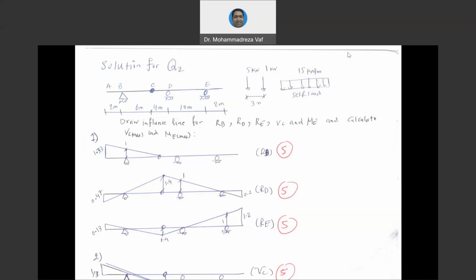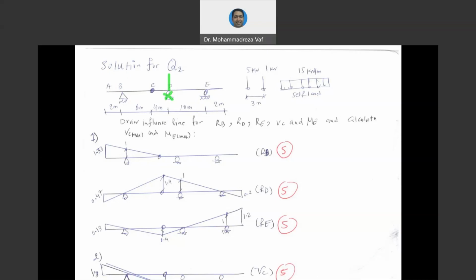So if you want to draw right now the influence line for point D, meaning support reaction at point D, again, we can use the same technique. So here we are going to remove the support reaction, impose a unit displacement, and then look into the displaced shape of our structure. The right side of point D has only one support reaction, and it is a roller that can rotate.